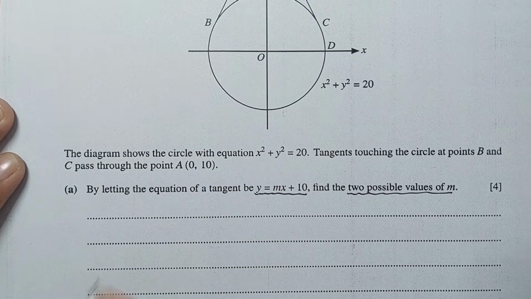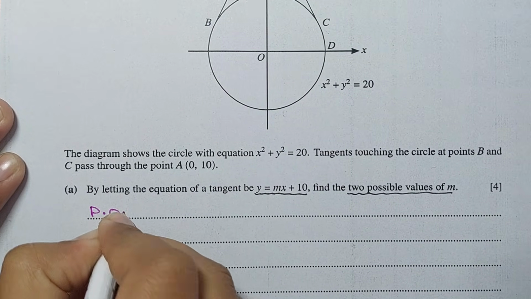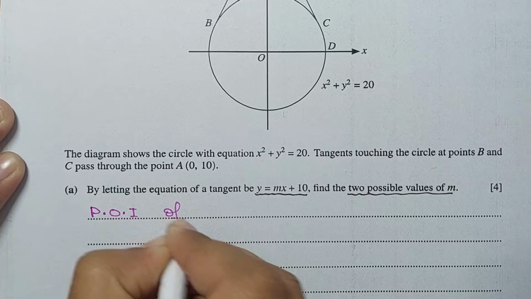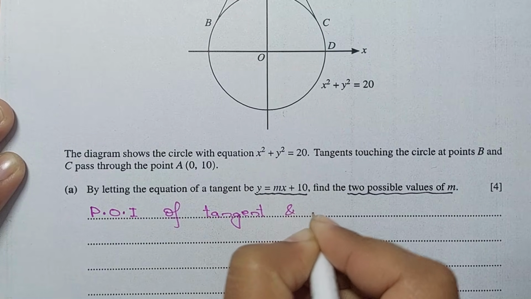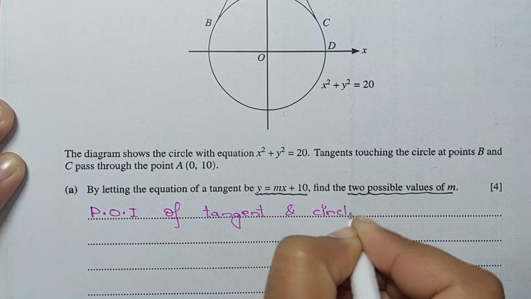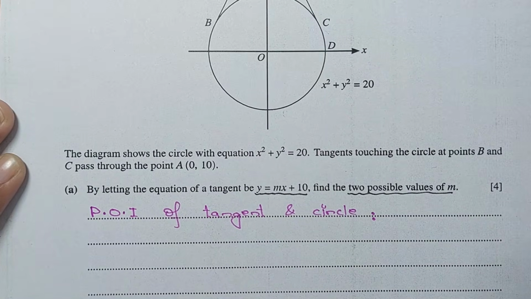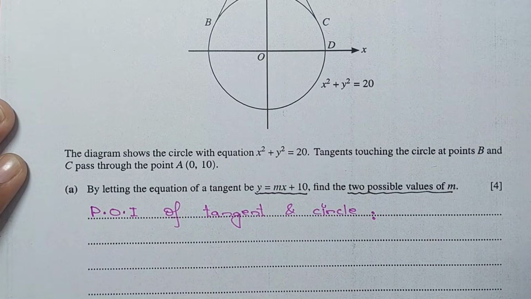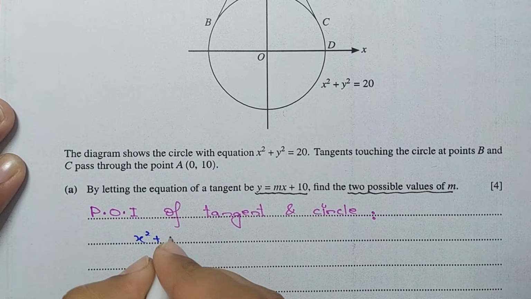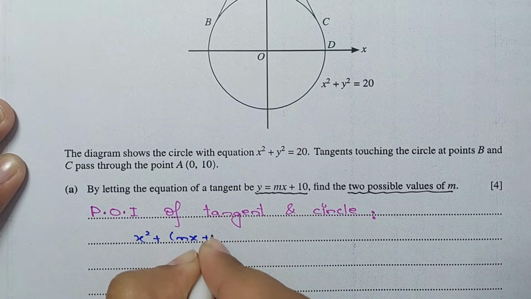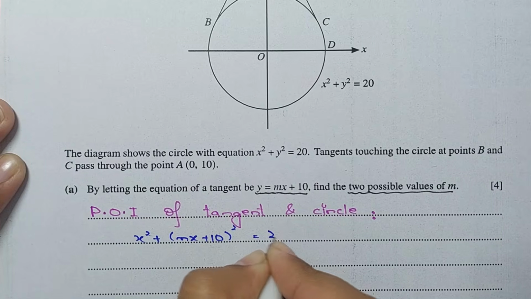So for the point of intersection of the tangent and circle, we can say x² + y², where y is mx + 10, squared, equals 20.